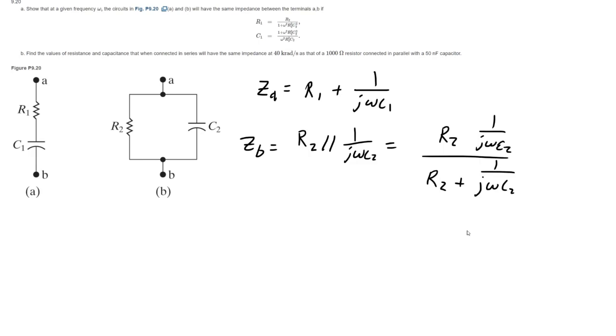So if we simplify that, we'll just multiply everything by J omega C2. I'm going to get the expression ZB is equal to R2 over R2 C2 J omega plus 1.